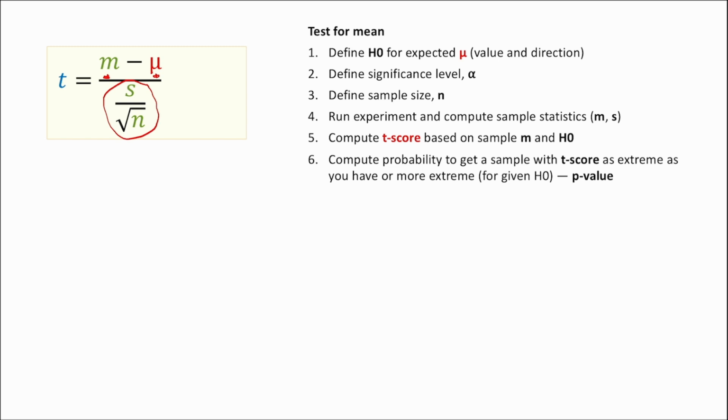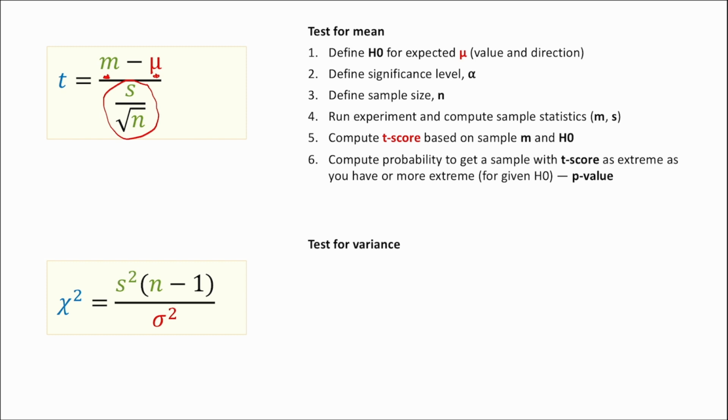And then you use theoretical distribution to compute a p-value. It's a measure of extremeness of your sample related to the given null hypothesis, how extreme your sample is for the given null hypothesis. But now in this case, we do the same. We use the same procedure. The only difference is that we compute different statistics and different scores, right? So what it means?